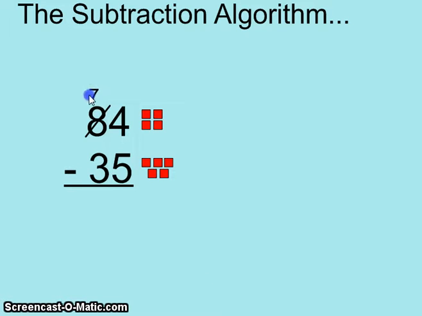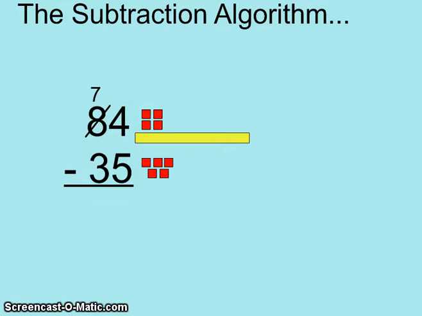So that's going to give me only 7 tens. When I do that, imagine that I now have a rod. That rod will replace the 1 ten I took from over here.